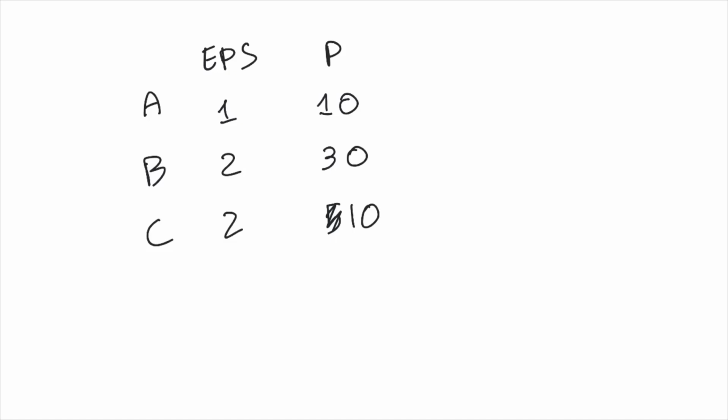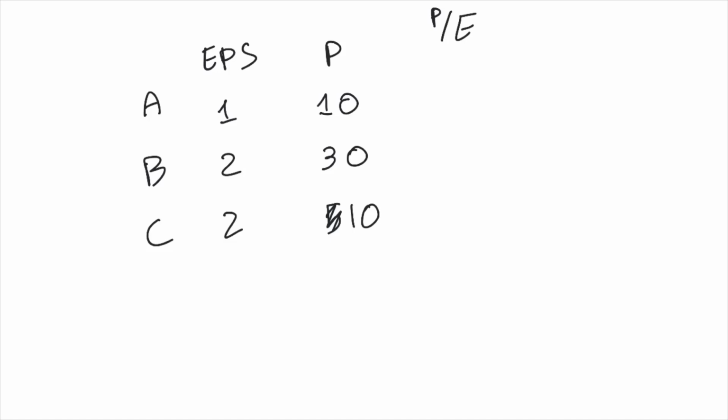So what I can do is to calculate the price-earning ratio. This is my valuation multiple for the 3 stocks. Okay? So the price earning here for stock A, how much is it?